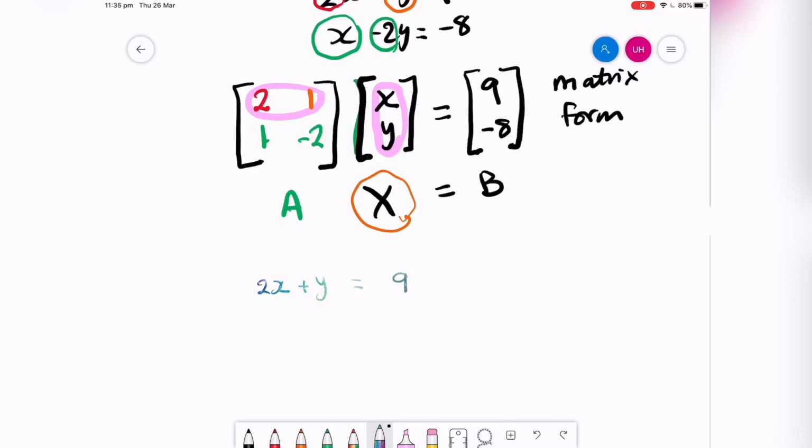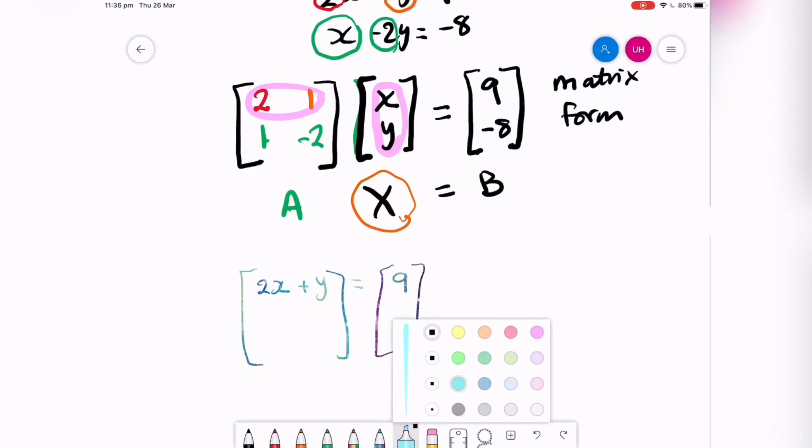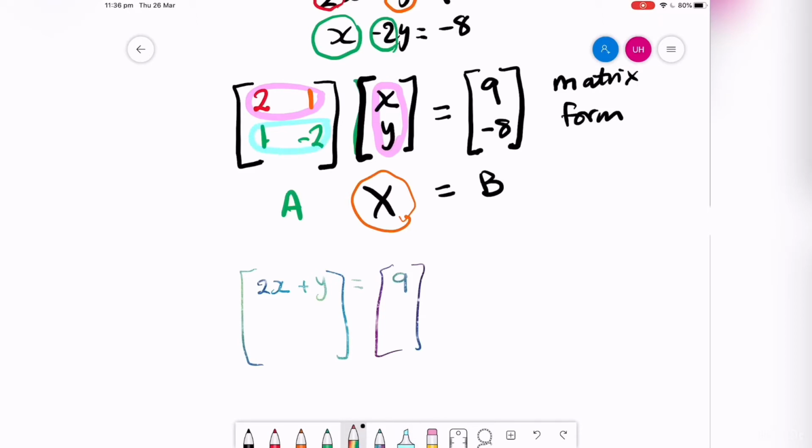And if we multiply the other row, which is 1 and minus 2, we will get 1 times x, which is x, and minus 2 times y, which is minus 2y.